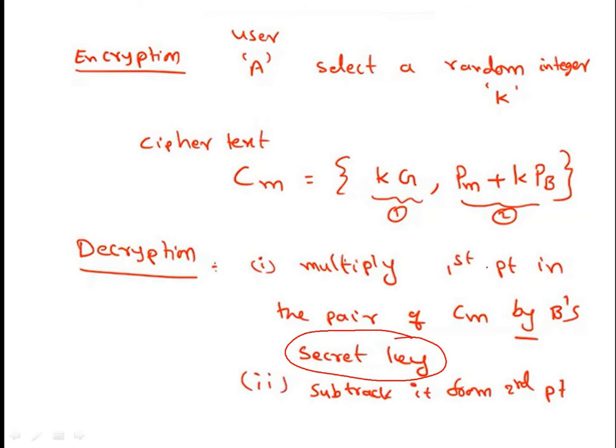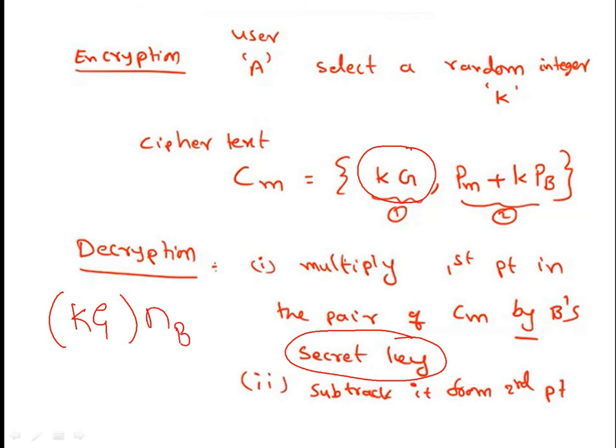What is the first point in the pair of Cm? This is Cm here. The first point is this one, that is kG. So this kG, I need to multiply with B's secret key. What is B's secret key? It is nB.